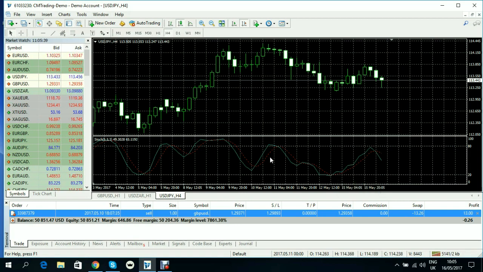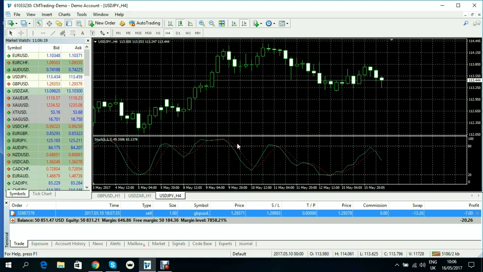That is, when the moving average lines, these lines, are above 80, for example, here, or here, or here, it means that the market is overbought. So we should start to look for a sell position.